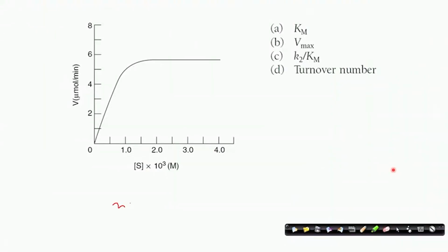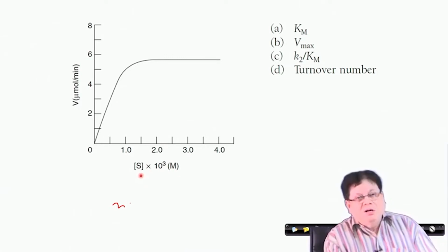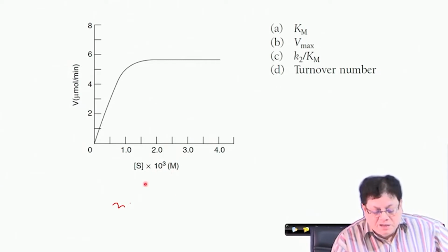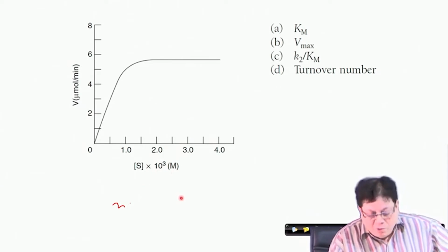Here we start with the first problem: an enzyme kinetics graph is given here, obtained by plotting V0, the initial velocity, in micromole per minute, and on the x axis you have substrate concentration, multiplied by 10 to the power 3 in order to express it in molarity units.